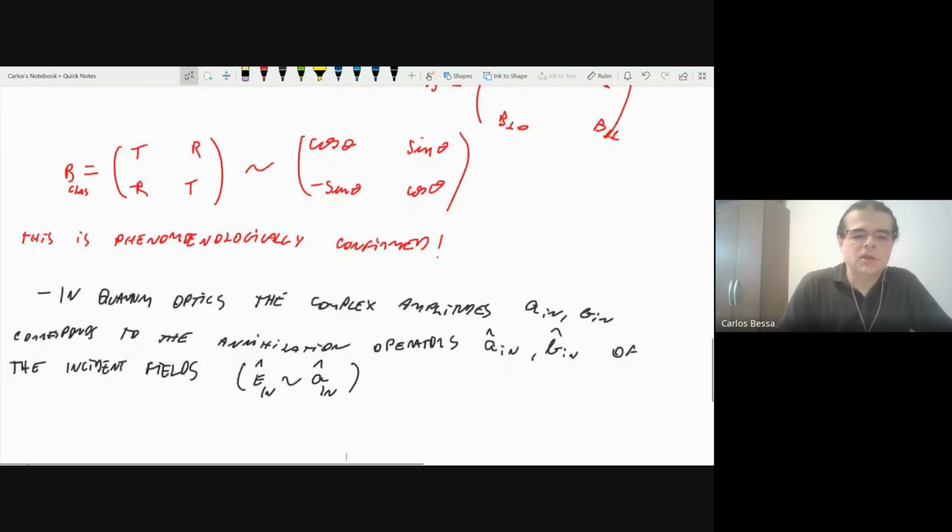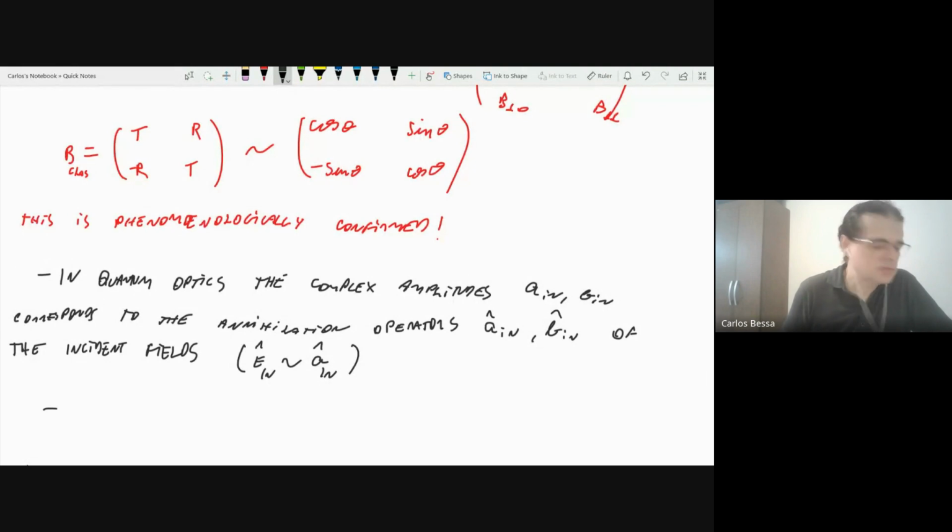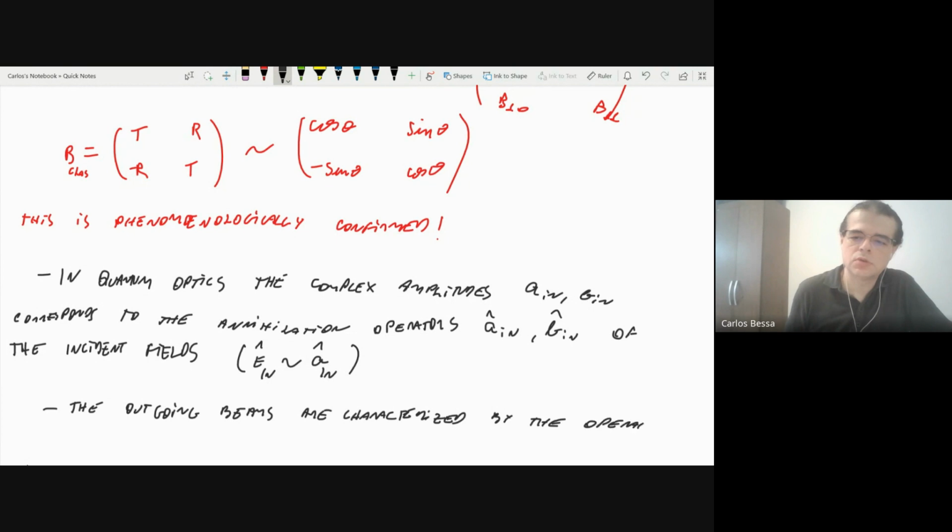And evidently the outgoing beams will be quantized as well. Outgoing beams are characterized by the operators A out and B out.